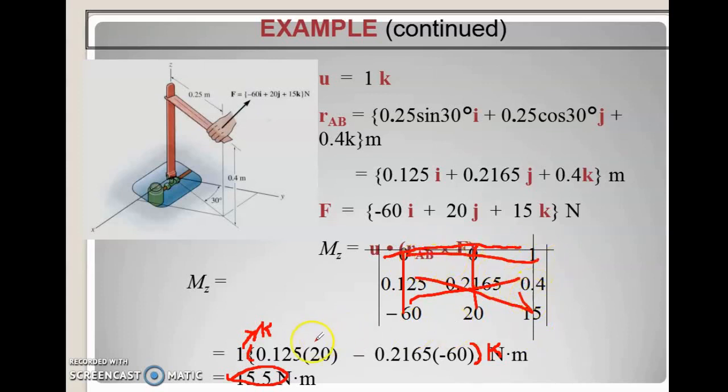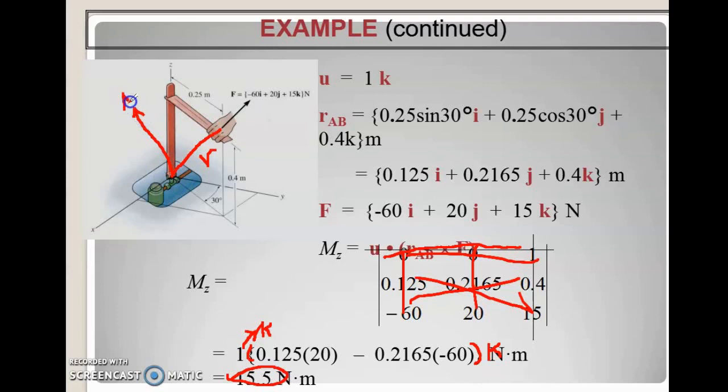One more thing, maybe I should draw the line of action here to make it clear. So this is your line of action R, and this is your F, and your moment should be in this direction.